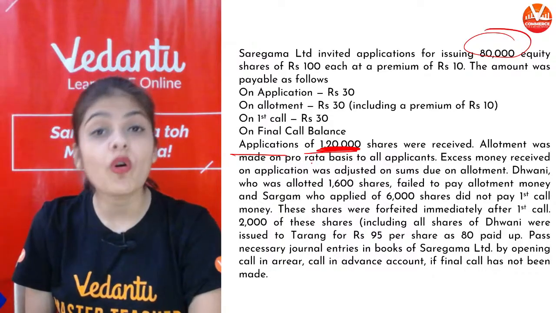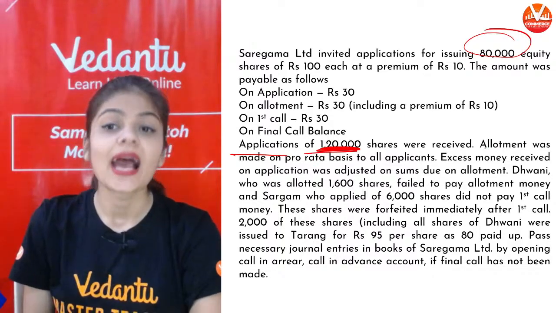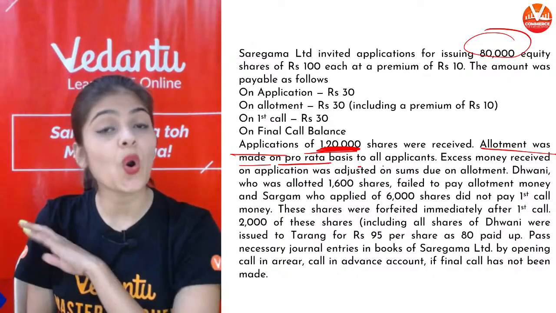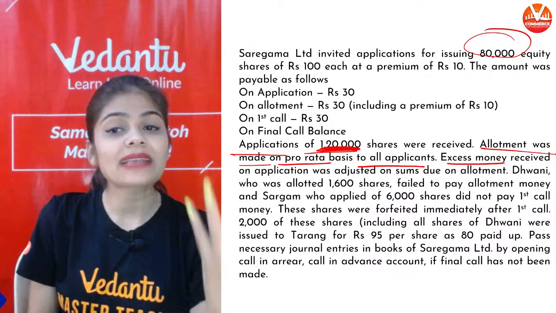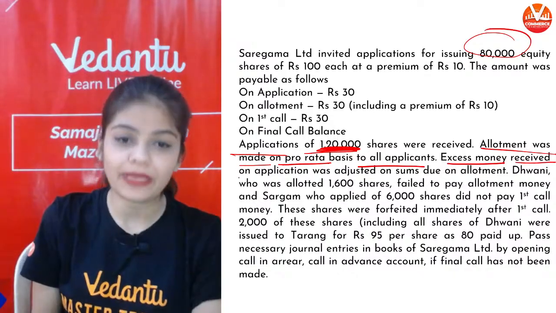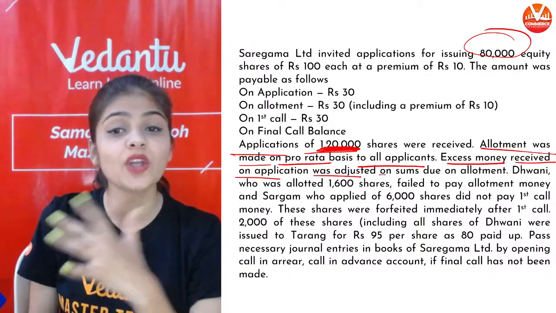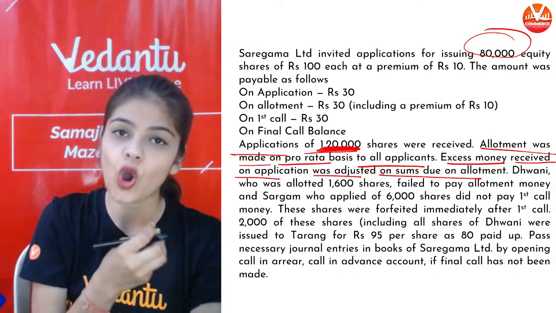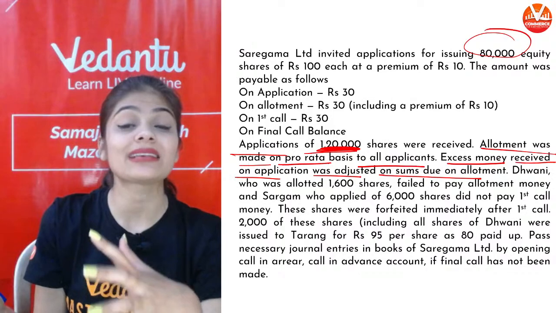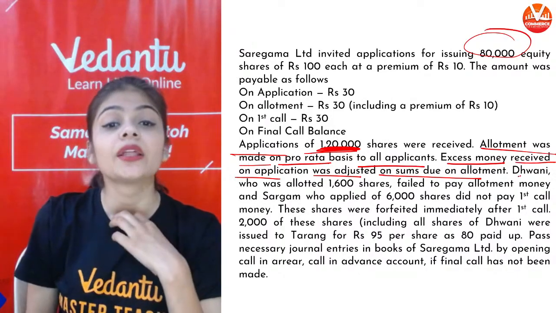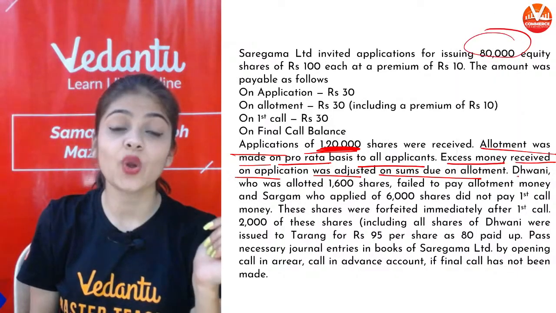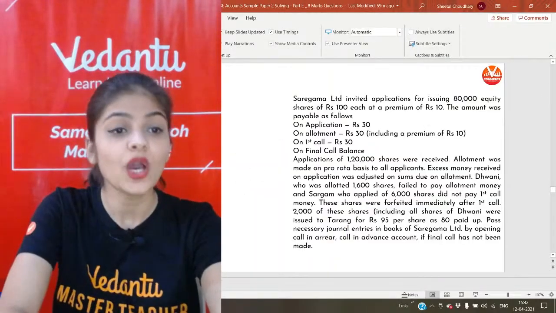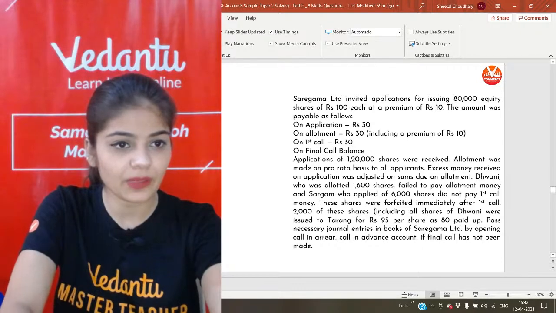Allotment was made on a pro rata basis to all the applicants. The excess money received on application was adjusted on the sum due on allotment. Now first we will prepare the oversubscription table. सबसे पहले हमें क्या बनानी पड़ेगी? Oversubscription table बनानी पड़ेगी.